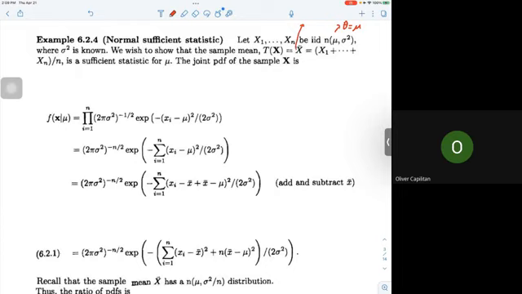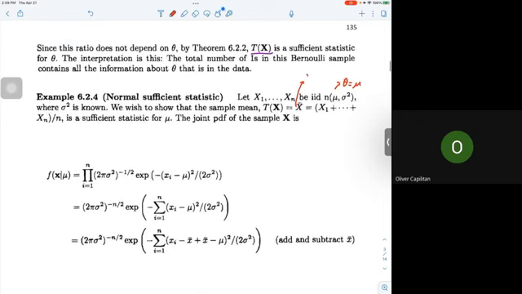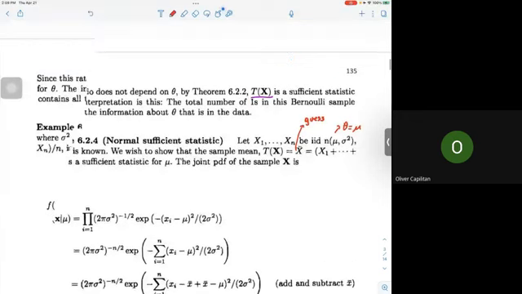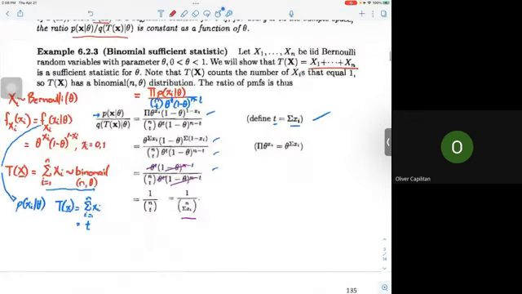We just guess that this statistic is a sufficient statistic.